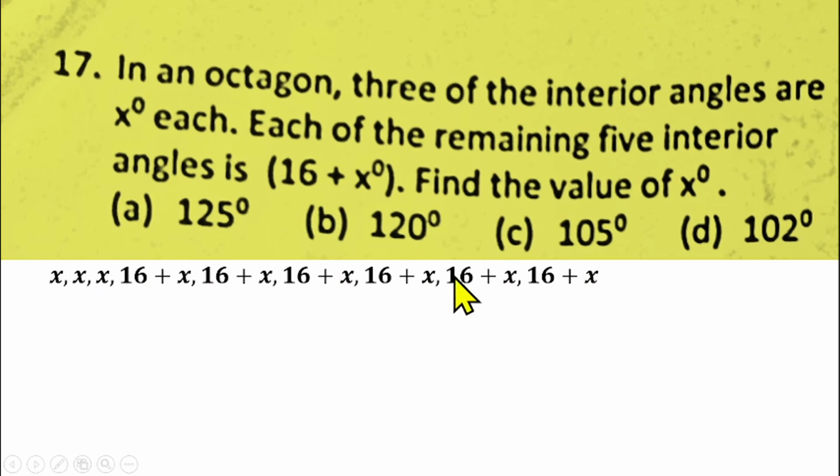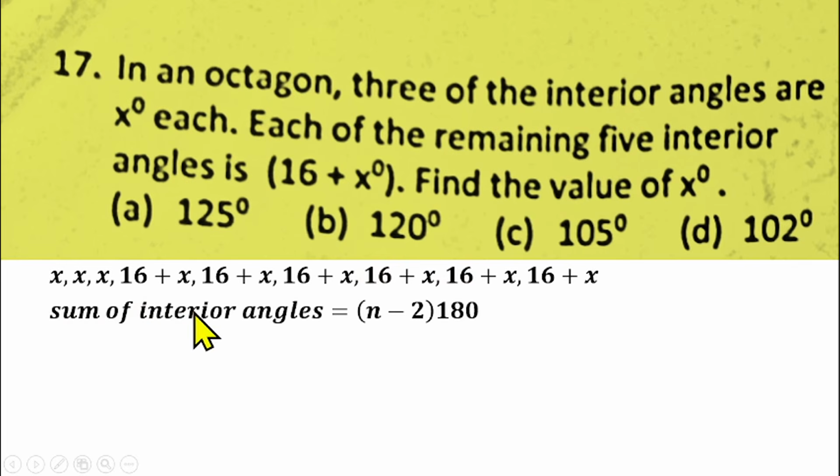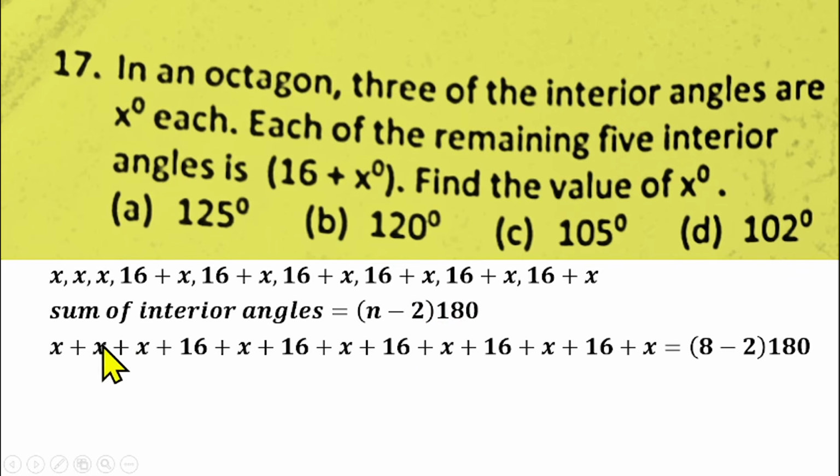If you add all these interior angles together, it's going to give us the sum of interior angles in an octagon, which you can get by using the formula n minus 2 multiplied by 180. So we have the first 3x, then plus 16 plus x, 1, 2, 3, 4, 5.